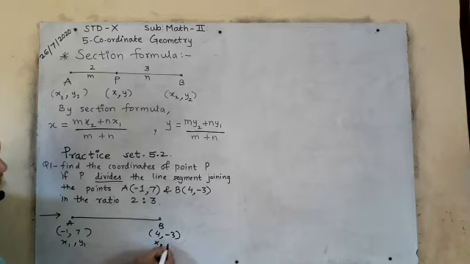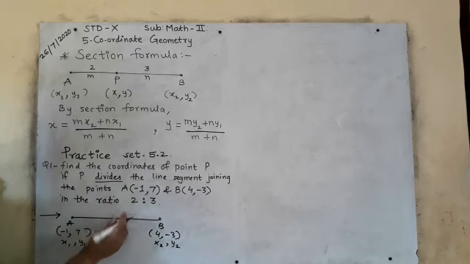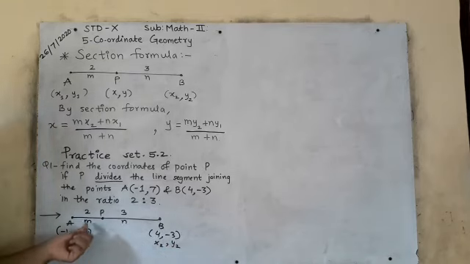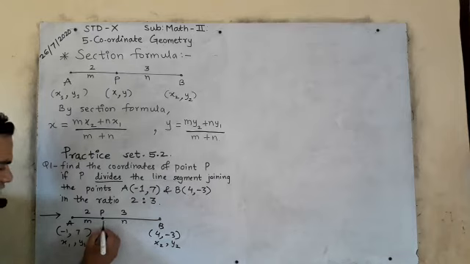This will be x2 and this will be y2. And P divides the segment 2:3. It means पहला टुकड़ा छोटा है. Point P divides the segment into 2:3. So this will be m and this will be n. So m की value 2, n की value 3 and for point P we have to find the coordinates, that is x and y.